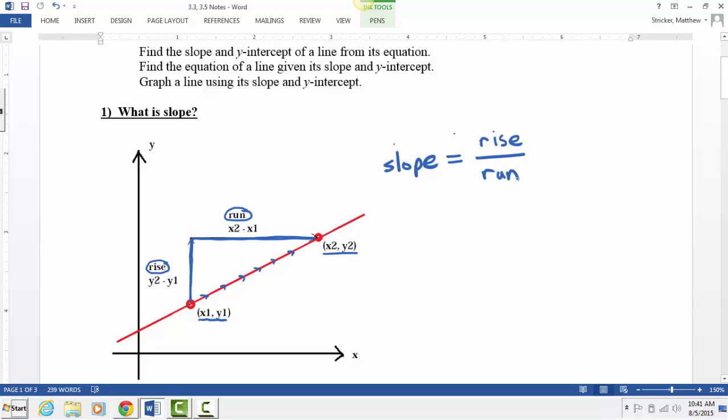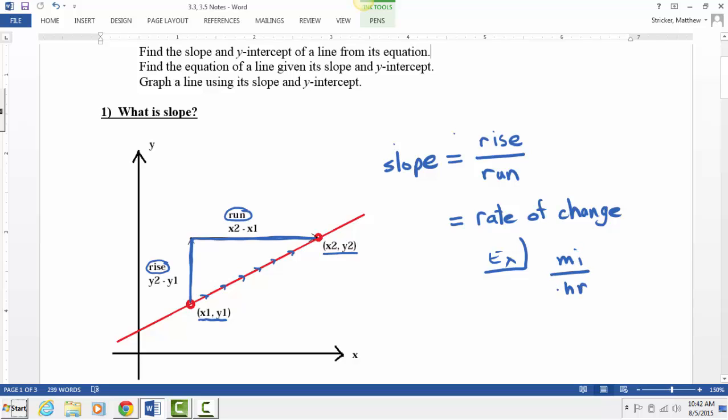More importantly though, this has many applications when we're talking about applications that have constant change. So we also want to think about slope as a rate of change, and especially in regards to applications. For example, you might have something like miles per hour.